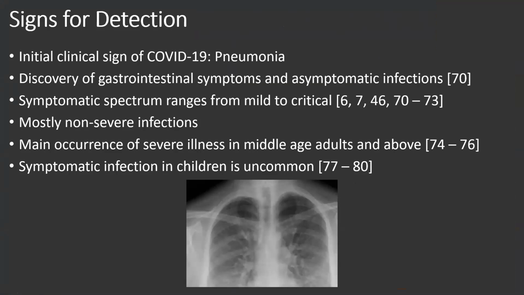This is the problem with it: even in cases where there's pneumonia, it does not necessarily mean that one has COVID-19. As of now, there are no clinical signs on presentation, just the normal signs and symptoms patients bring to the doctor, that can immediately let the doctor know that this person has COVID-19.